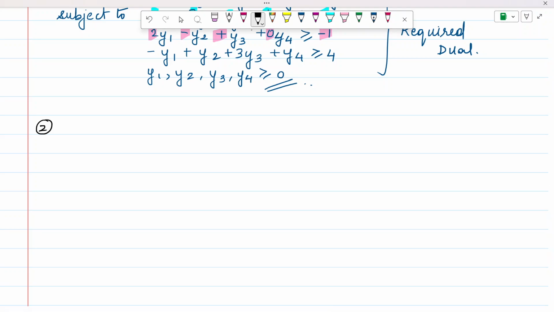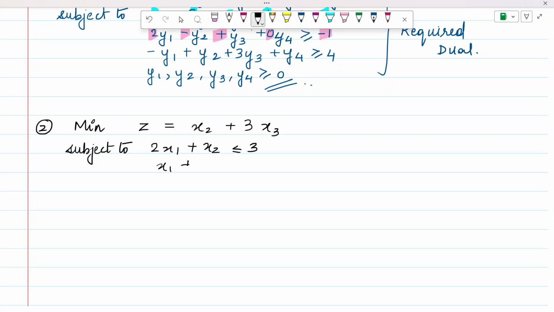So the main question remains the same. We are supposed to find the dual. Now this time the primal is: minimize z equal to x2 plus 3x3 subject to 2x1 plus x2 less than or equal to 3, x1 plus 2x2 plus 6x3 greater than or equal to 5.